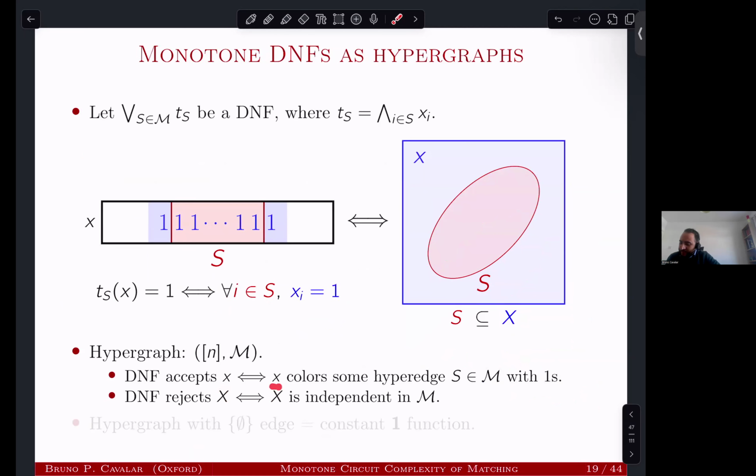Equivalently, it's rejecting an input X if X is independent in the hypergraph. So just an exercise, if your hypergraph contains the empty set, then you have the constant one function, right? Because this relation is always satisfied. Or in other words, you can always color with all ones because there's nothing to color.